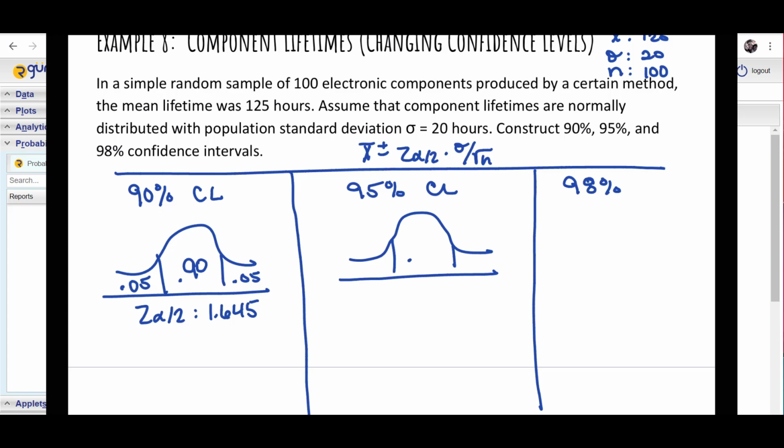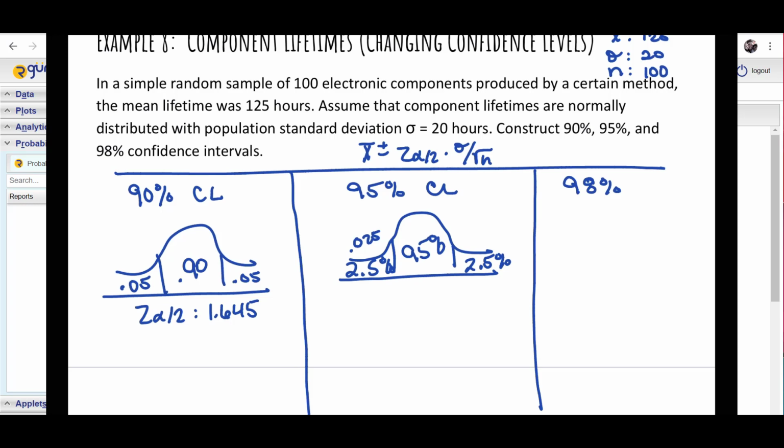If 95% is in the middle, that would be 5% left over, so that would be 2.5% or 0.025 on either side.